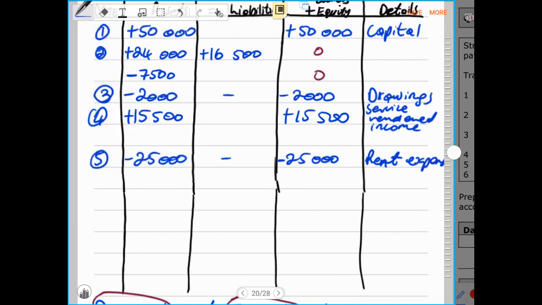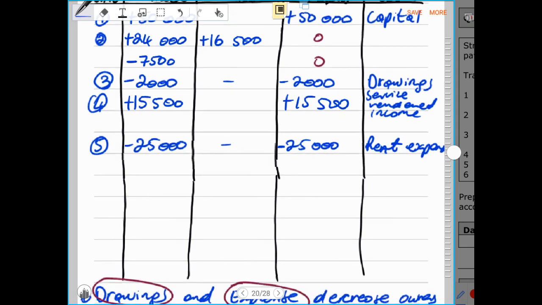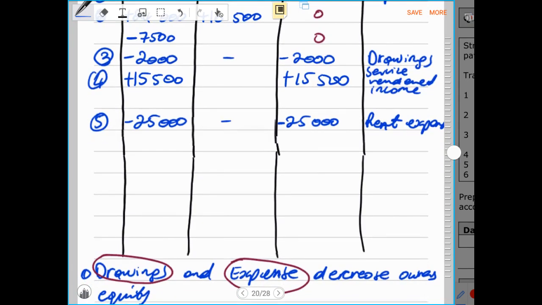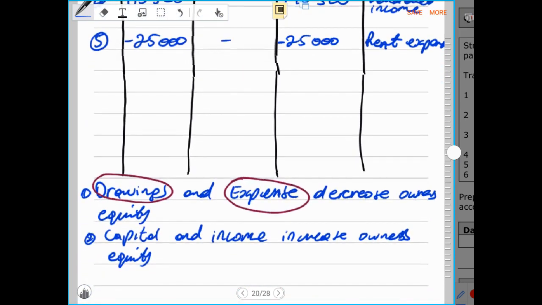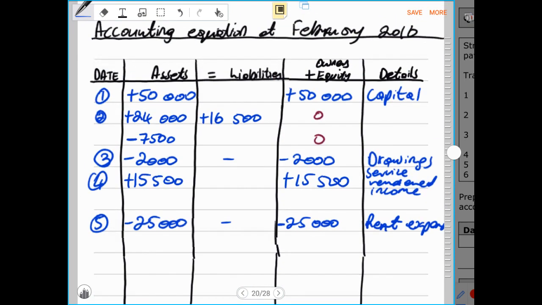I normally use brackets as a negative, but I forgot now that we are using the negative sign. So now, expense and drawings decrease owner's equity, and capital and income increase owner's equity. That means if you record capital, it must always be a plus.